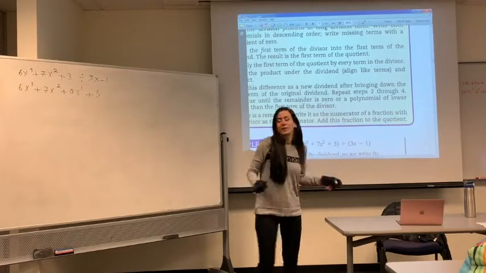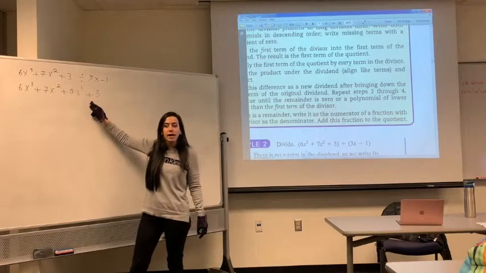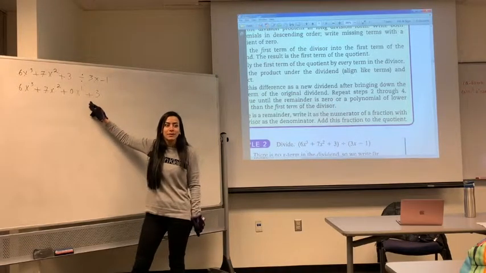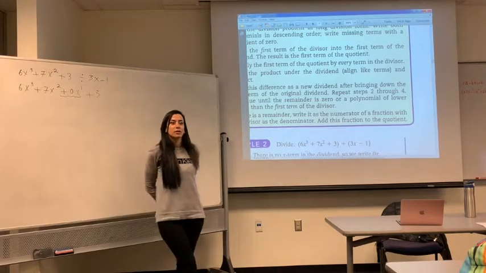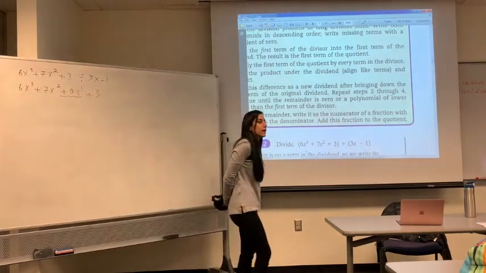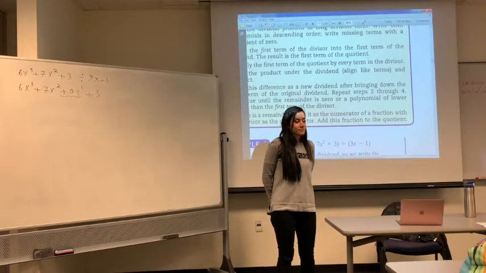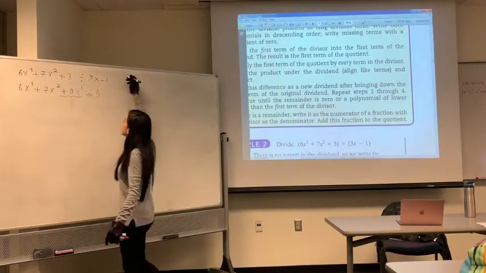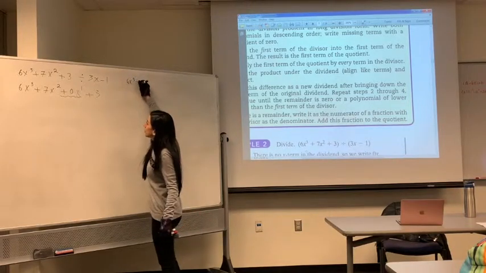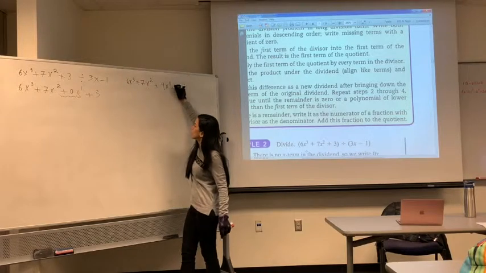Okay? We make it like this. So whenever we have some power of x which is missing, we should write it down in this way: 0x power 1 or 0x power whatever was missing. Because look, 6x power 3 plus 7x power 2, and then where is x power 1?